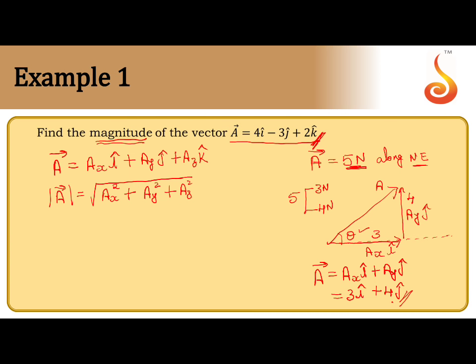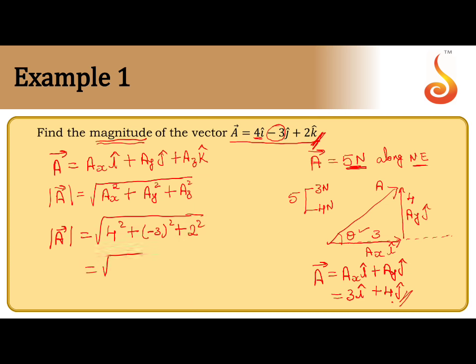So comparing the given vector and finding the magnitude of vector A, instead of AX, I will have to write 4 square, plus instead of AY, I have to take minus 3 whole square. Instead of AZ, 2 square.